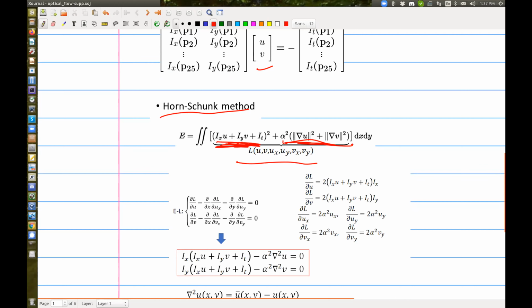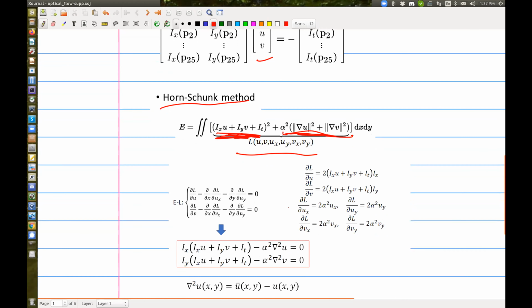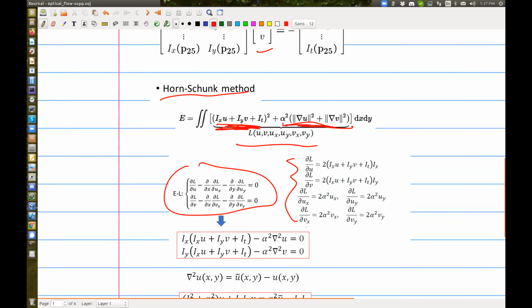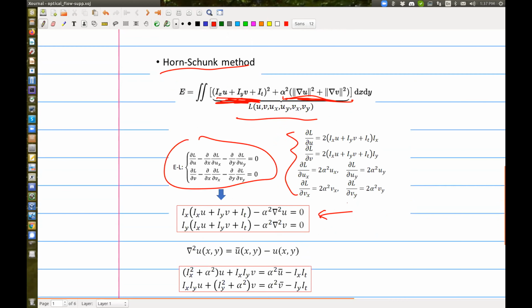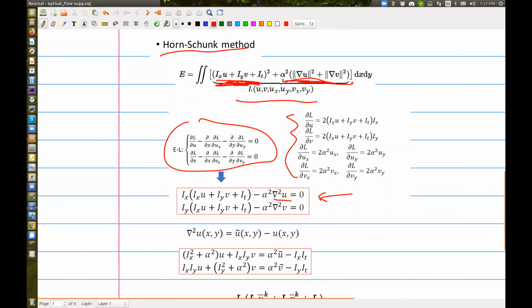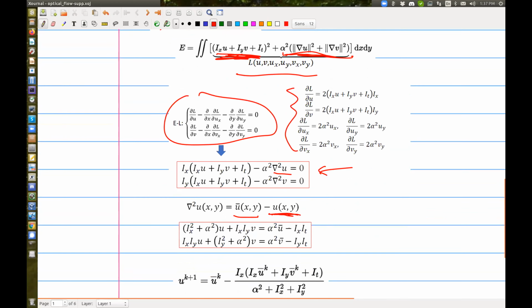So with the Euler-Lagrange equation, we have this one here and substitute the partial derivative. We have equations like this. And for the Laplacian operator here, we can approximate it as the average of the pixels in the neighborhood, subtracted by the center pixel value.